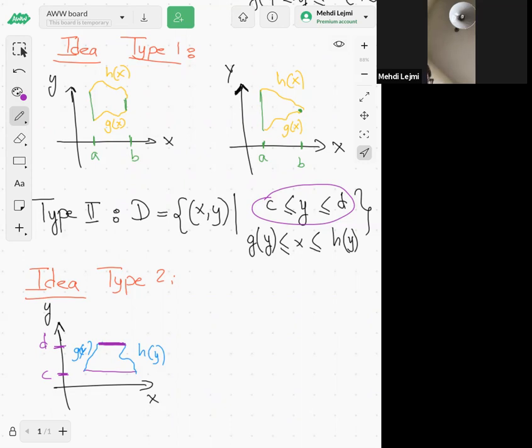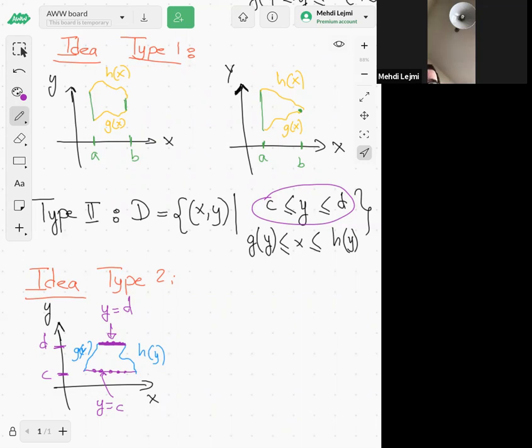For example, the equation of this horizontal line is y equals d, because each point lying on this line has y coordinate equal to d. The same here, the line in the bottom: the equation of this segment is y equals c, because any point on this segment has y coordinate equal to c.